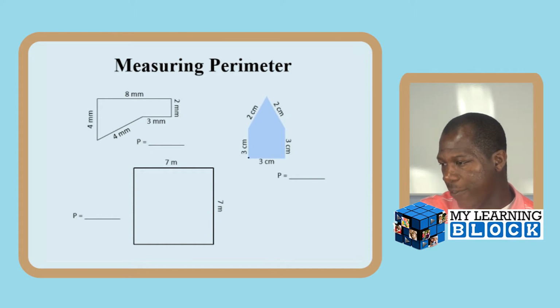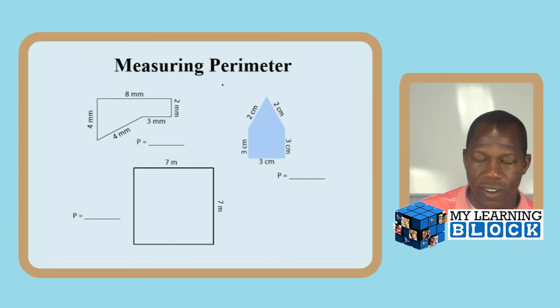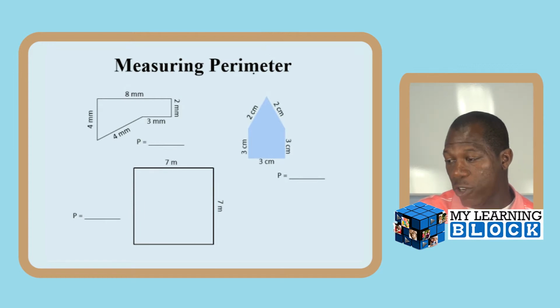And like I said, I have two objects up here that are not quadrilaterals. Sorry, I'll start with the quadrilateral. How about that? All right, so I have a square, obviously, because it's 7 meters by 7 meters. And I'll simply add those sides all together. If it's a square, that means all sides are the same. So this one will be 7 meters as well as this one.